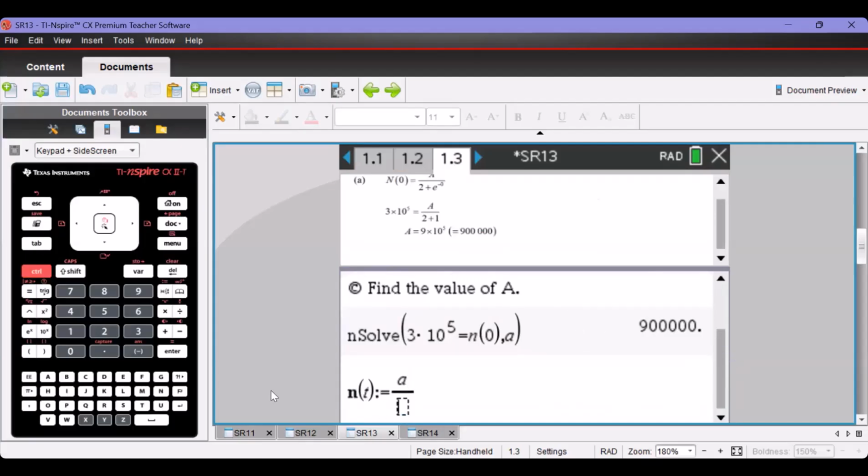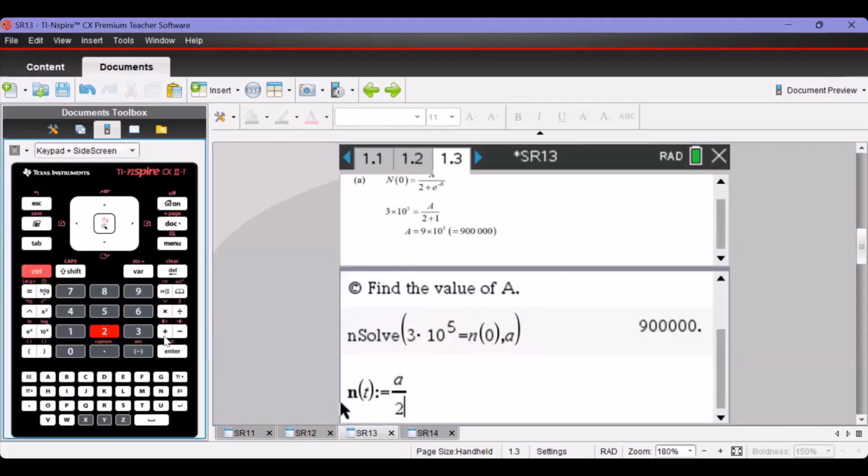what you would do is press or enter 2 plus. Now, a mistake that is sometimes made with the exponential function is pressing letter E. That is going to cause you some grief. Press the backspace or delete button here.